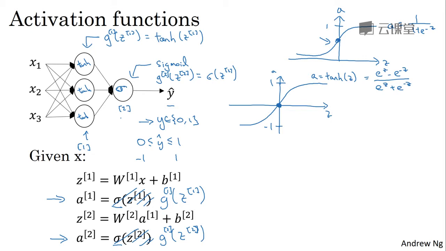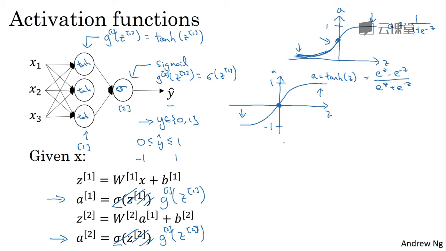Now, one of the downsides of both the sigmoid function and the tanh function is that if z is either very large or very small, then the gradient, or the derivative, or the slope of this function becomes very small. So if z is very large or very small, the slope of the function ends up being close to 0, and this can slow down gradient descent.